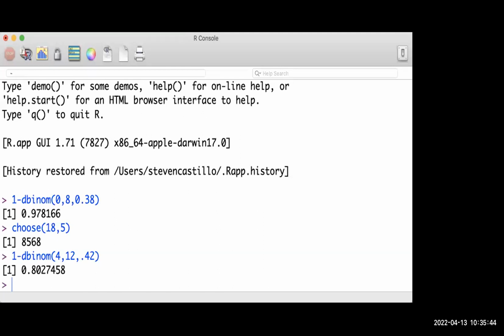Let me type that into my iPad. And so I have 0.8027458. Let me move my decimal place 2 places to the right. And so I have 80.27458%. Let me round to the nearest hundredth of a percent.